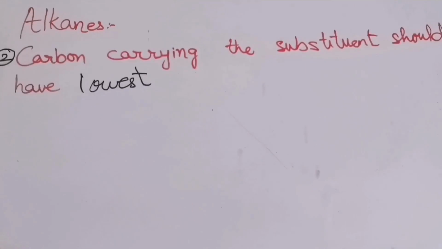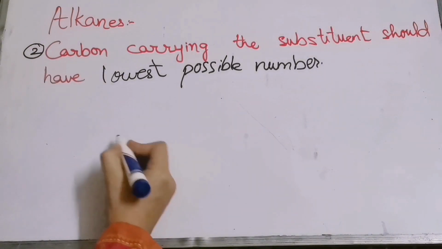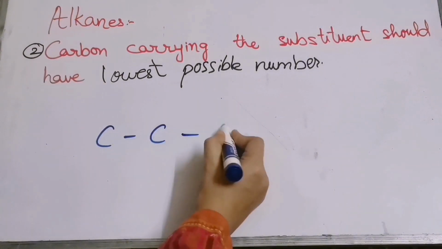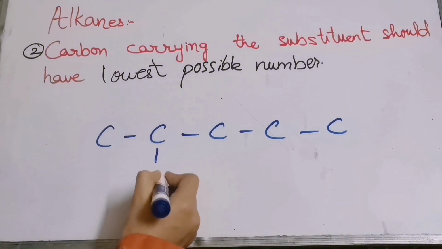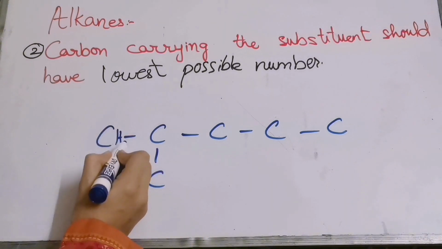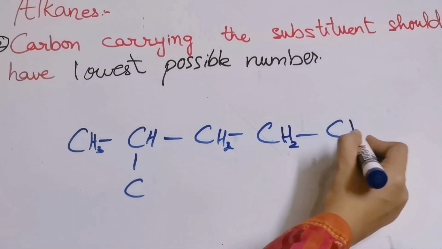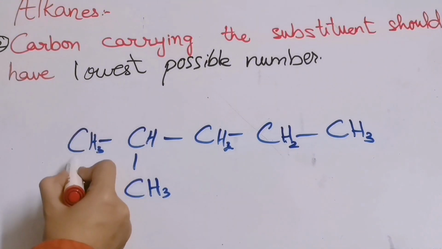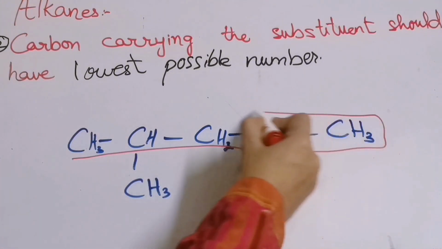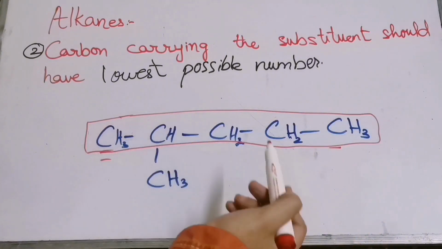According to the second rule, the carbon carrying the substituent should have the lowest possible number. Let me explain this rule. See over here, I have this example. If we take this chain as our longest chain, we write the numbering from this side as well as from the other side.